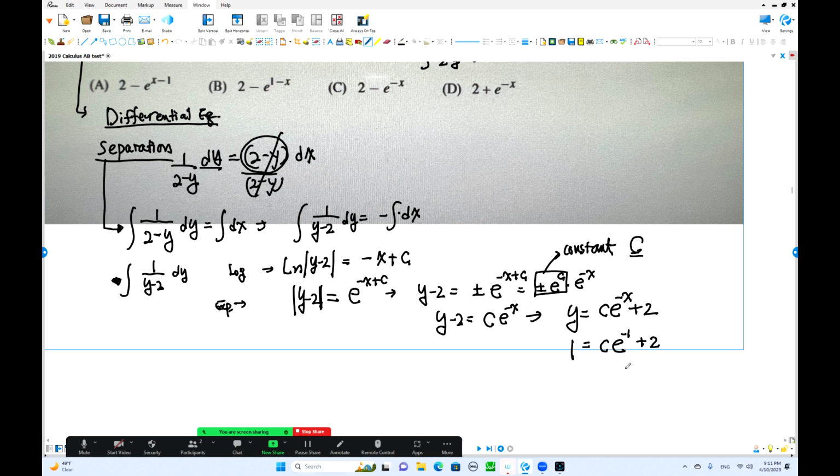So put this number in: 1 minus 2 is negative 1, equals c e to the negative 1. What is c? Divide by e to the negative 1.